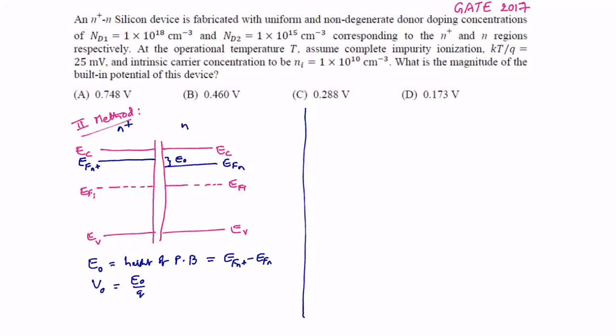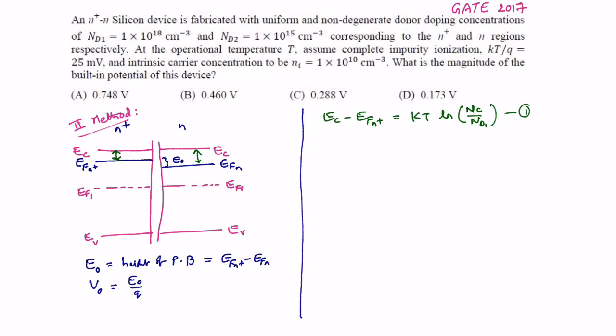The difference between EC and EFN plus can be written as KT natural logarithm of NC by ND1. This is equation 1. Okay, and next similarly the difference between EC and EFN.